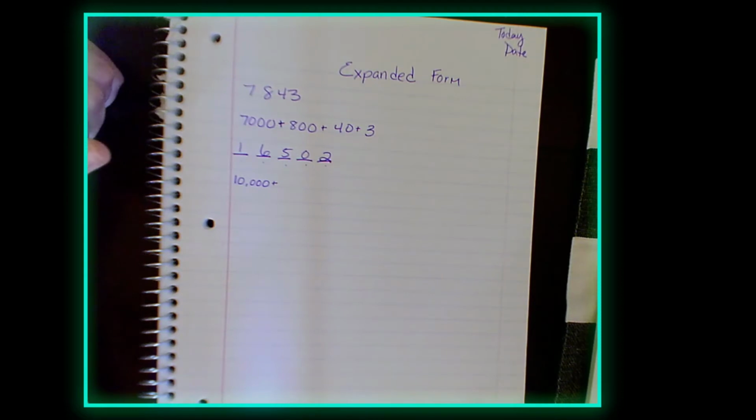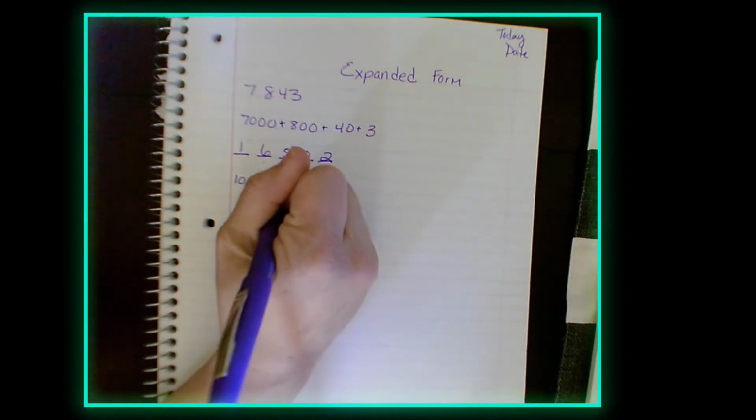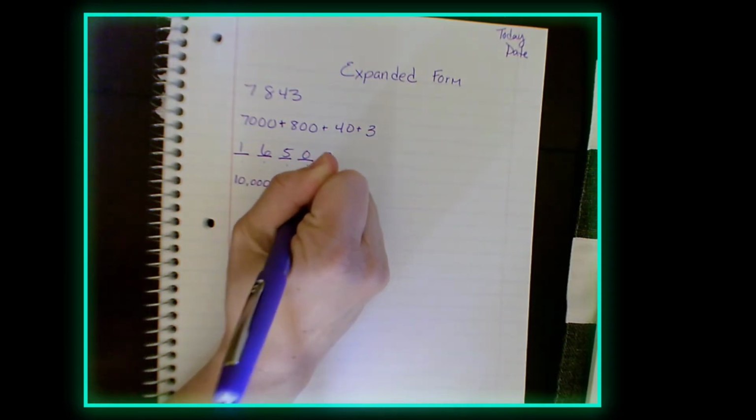Now let's look back at the numeral. We have a 6 in the thousands place. So again, if I forget that the 6 is in the thousands place, I have to start from right and go to left. Ones, tens, hundreds, thousands. So I have 6 1,000s or 6,000. The next number is the 5, and the 5 is in, that's right, the hundreds place.